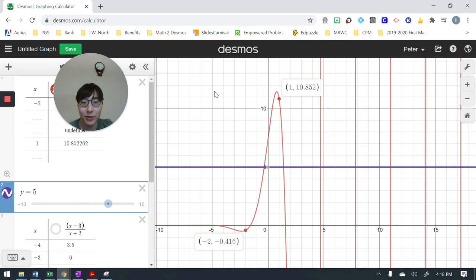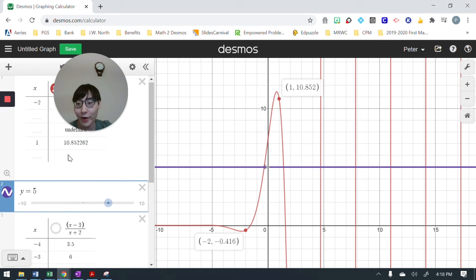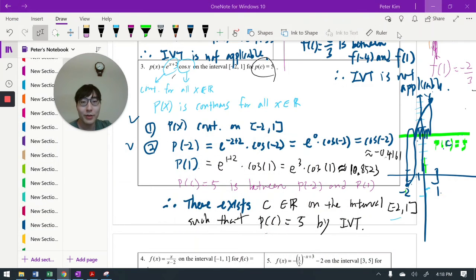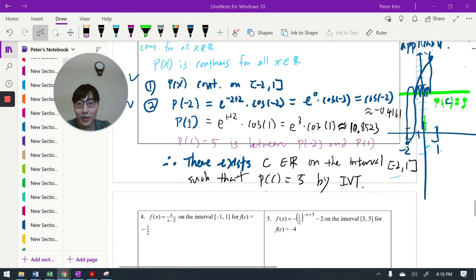And yes, that is true. It's evidently shown by looking at the actual graph here too. For the intermediate value theorem, you don't really have to look at the graph. You only have to find the endpoints of the interval, negative 2 and 1. And then if this P of C happens to be between those two values, then you're good, basically.